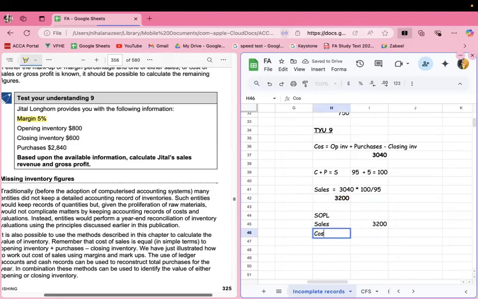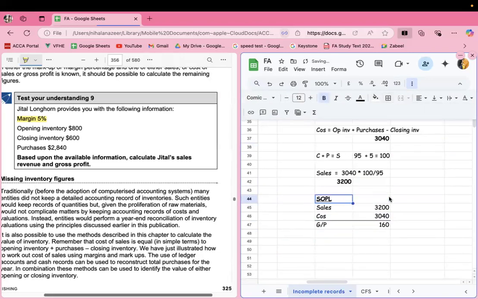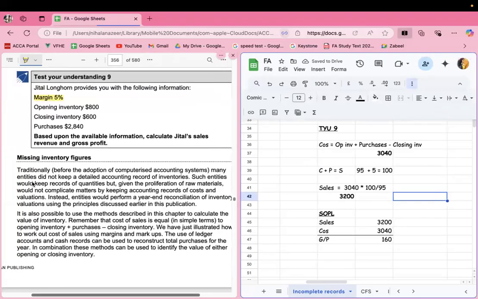And the cost of sales equal to this one, right? Hence the gross profit would be equal to this one minus this one. Clear? Okay, so that's all that they are asking you.